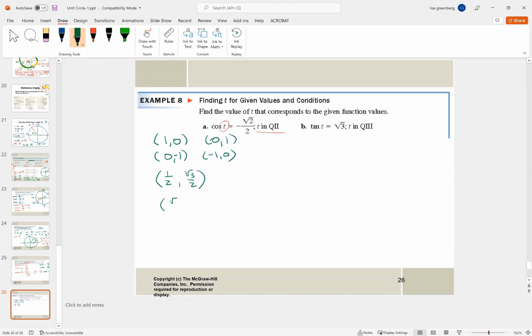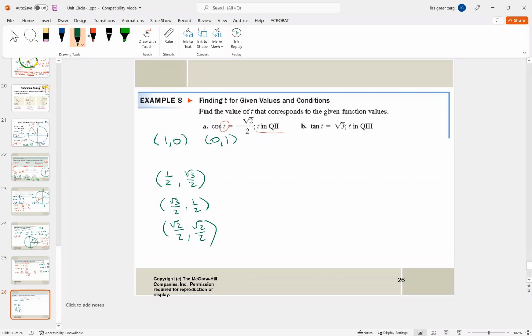And those are the only points besides the square root of 2 over 2 and the square root of 2 over 2. Actually, I'm not even going to do any of the negatives, so I'm going to take all these negatives away. So these are the only real points that I have to memorize.